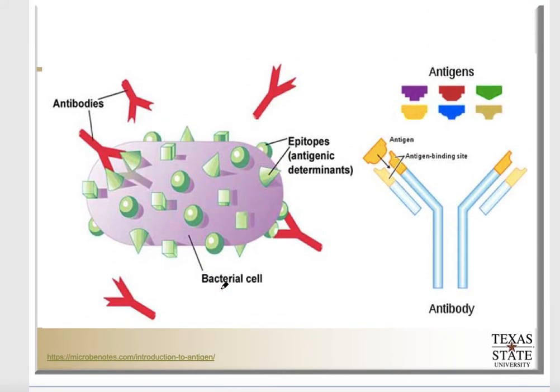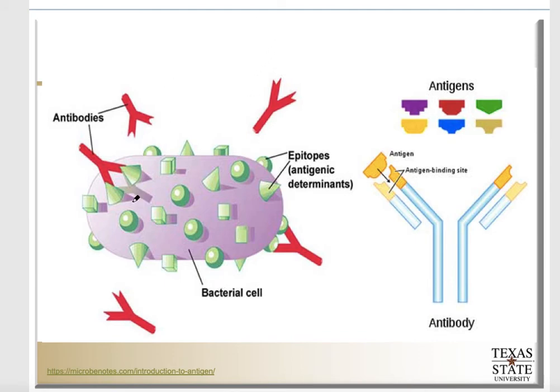Now, here I just wanted to show an example. Let's say that this is a bacteria. So this is the pathogen that we're trying to sense, we're trying to quantify. And you can see that the bacteria has a number of, let's call them, proteins on their surface. It could be proteins, it could be saccharides, it could be whatever biomolecule it has on its surface. So the antibodies that we're going to be utilizing in our biosensor are going to have some affinity towards some of those molecules on that bacterial wall, right?